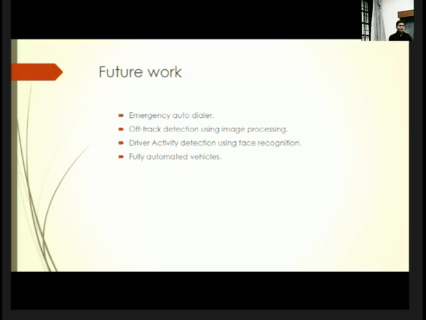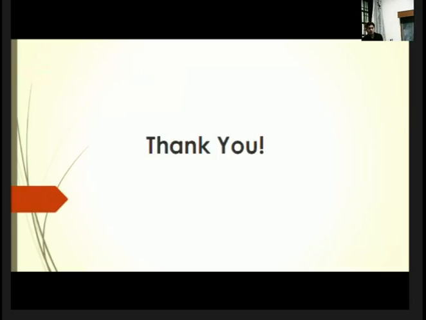Then driver activity detection using face recognition. We can easily show that if the eyes are closing or he is feeling drowsy, he should stop, take a break, and then start again. So ultimately, we are focusing on fully automated vehicles which we want to create. So that's all. Thank you.